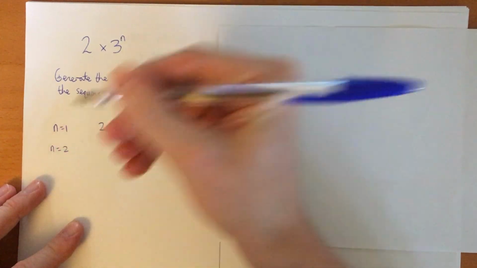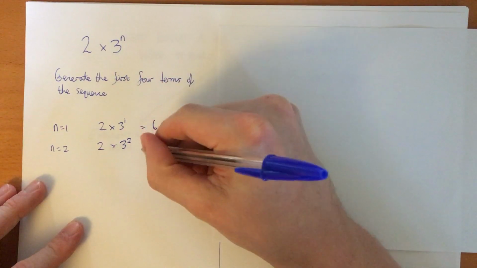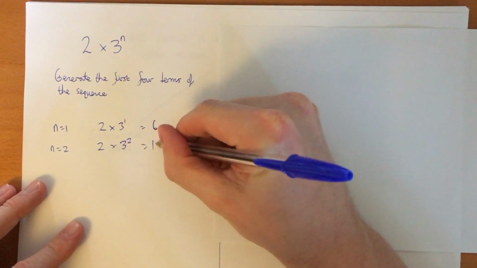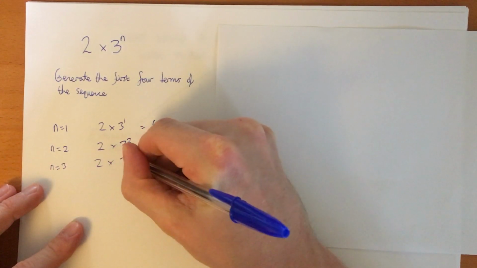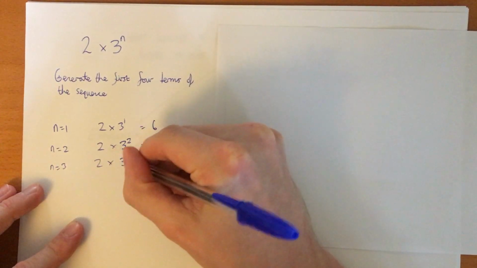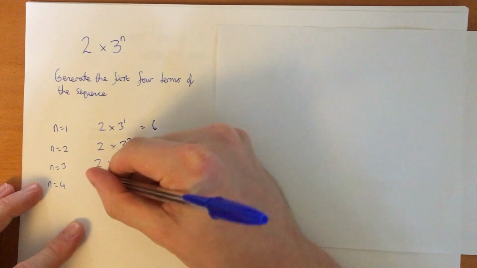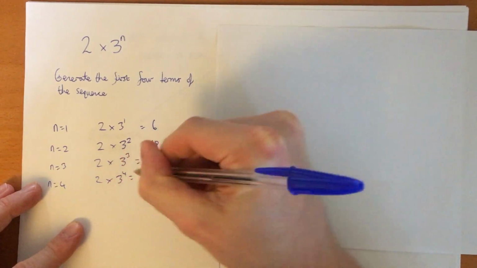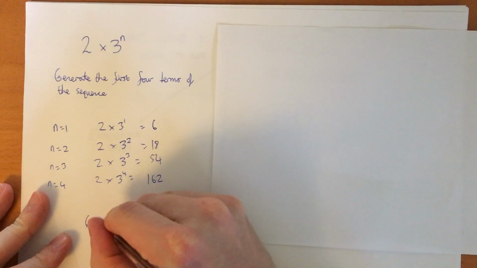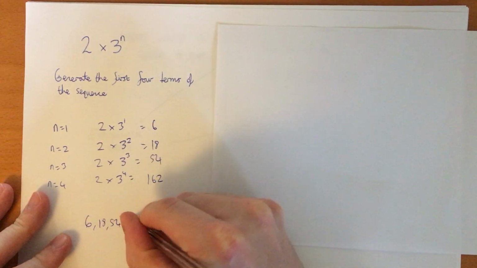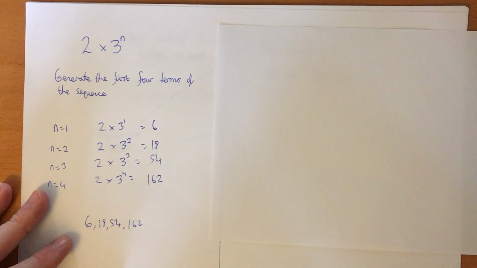When n equals 2, it will be 2 times 3 to the power of 2, 2 times 9, which is 18. n equals 3 would be 2 times 3 to the power of 3, 2 times 27, 54. And last one, the fourth term, 2 times 3 to the power of 4 is 162. So therefore the sequence is 6, 18, 54, 162. So that would be us generating the first 4 terms of the geometric sequence here.